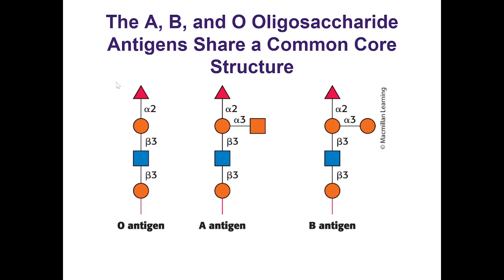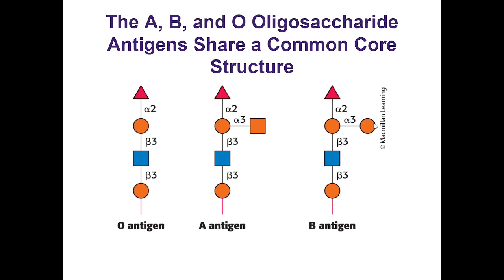Again, this is the O antigen right here. You can use that same key as before, by the way. You also can see this in your book, and it'll have the key as well. This is the A antigen right here, and notice we've added this sugar right here, right? And then this is the B antigen, and that's where we've added that sugar.